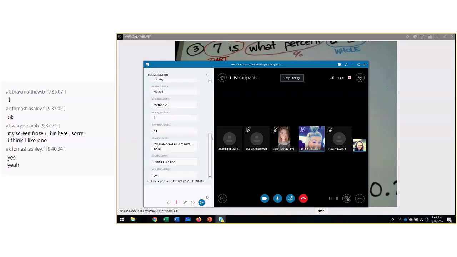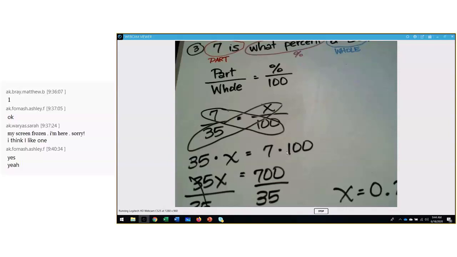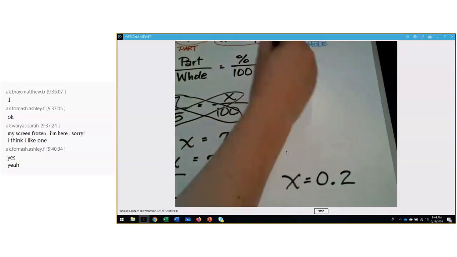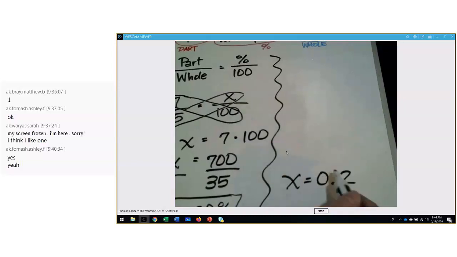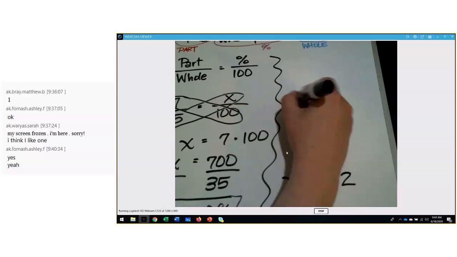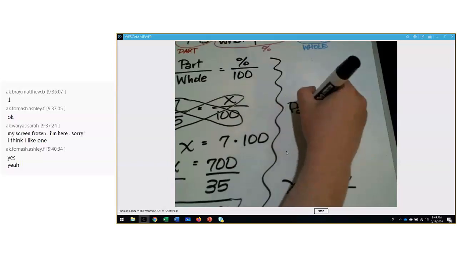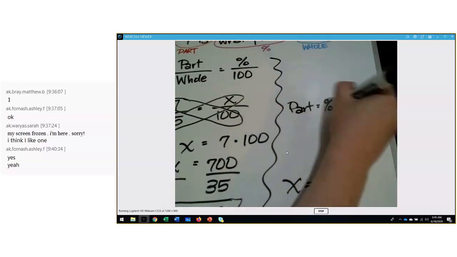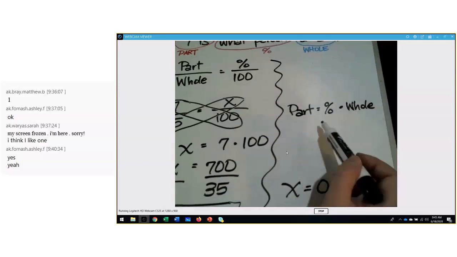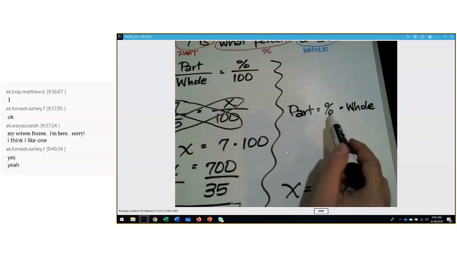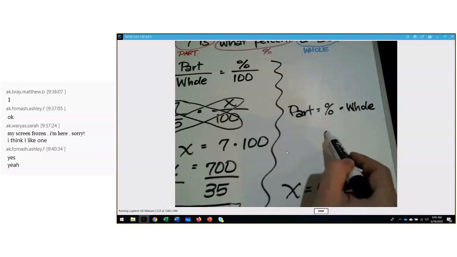Okay, so just remember, this is for everyone. If you are solving with the equation, this is method 1, you're going to get an answer that comes out as a decimal, because when you plug into this, you have to change to decimal form when you use it.